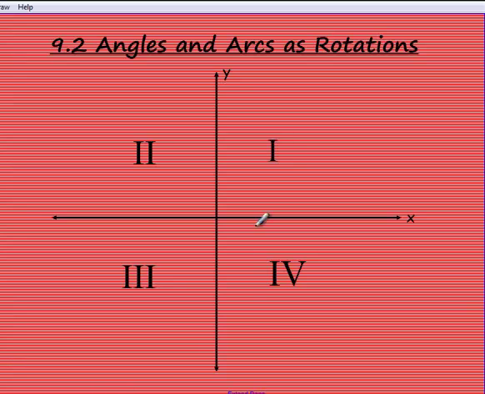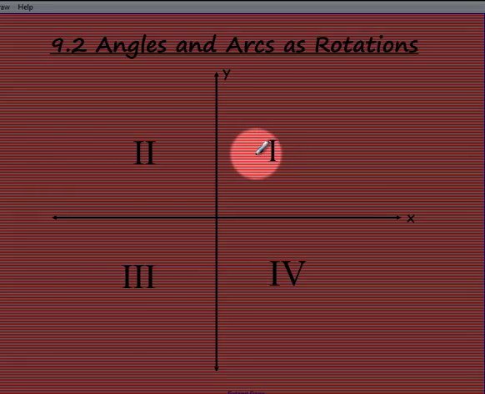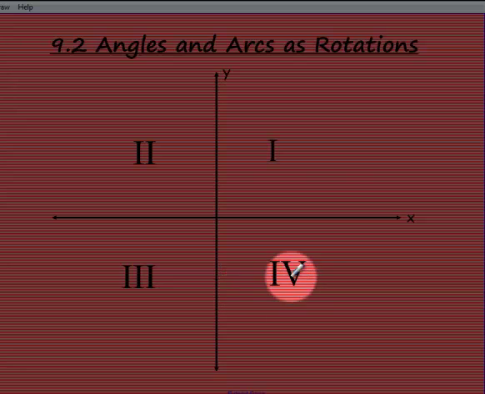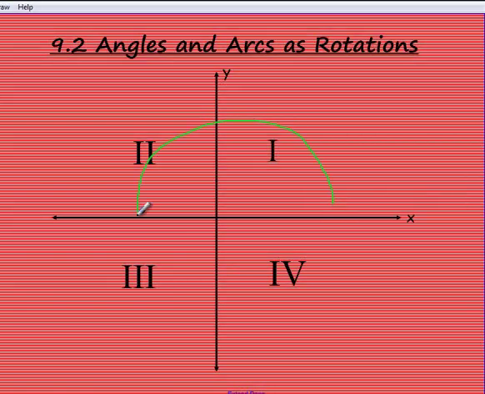Remember in geometry you learned, this is quadrant 1, 2, 3, and 4, and this went in a counterclockwise rotation. Did you ever wonder why it went this way? How come it didn't start this way? Because after all, that is clockwise.